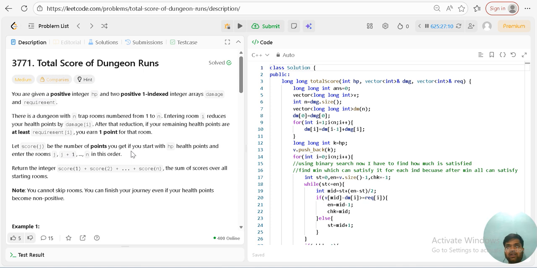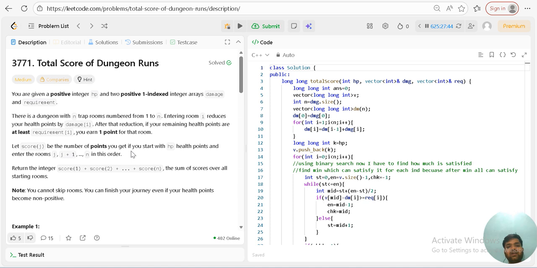Like if I enter the ith room, at that moment the health point will decrease by damage of i points. Okay, so what is the need of requirement? We check that after that reduction, if your remaining health points are at least requirement i, you earn 1 point for that room.